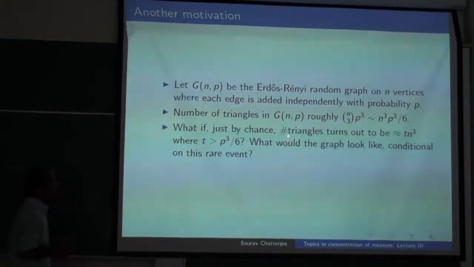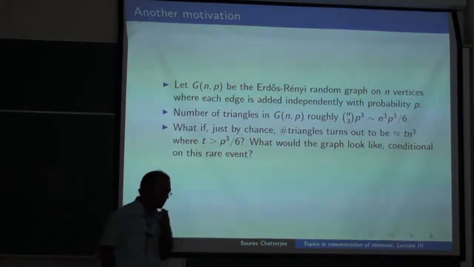What if just by chance the number of triangles turns out to be t times n cubed, where t is something bigger than p cubed over 6? You know that it's roughly p cubed over 6 times n cubed triangles. So if t is some fixed number bigger than p cubed over 6 and n is very large, what if this happens? So this is a rare event.